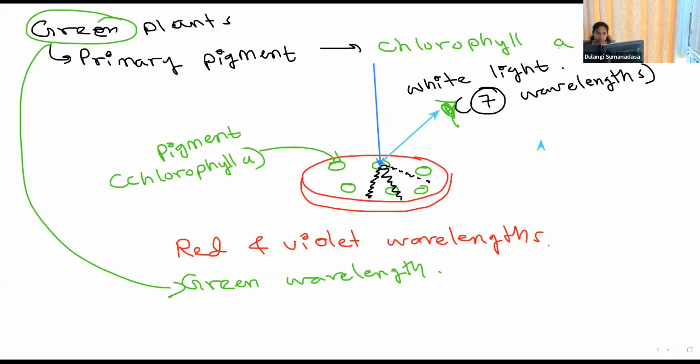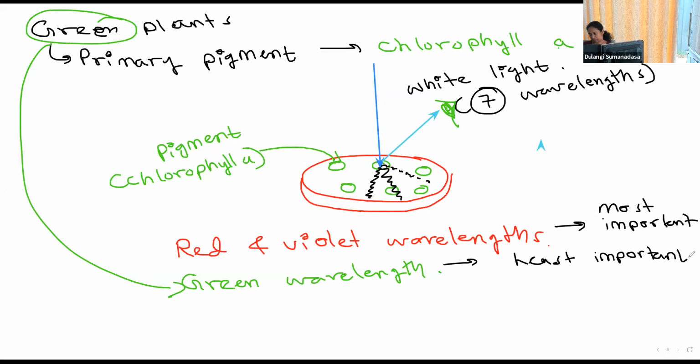All you have to know is the two most important photosynthetic wavelengths for the green plants, and the least important wavelength is the green. I did all these things last year, isn't it? I think this is just a repeat.